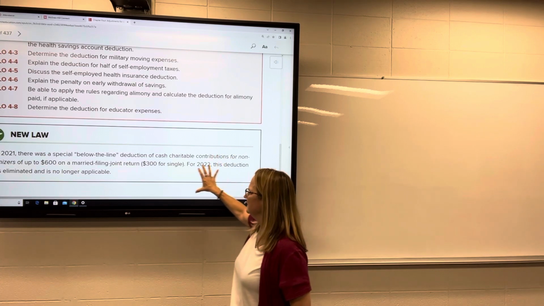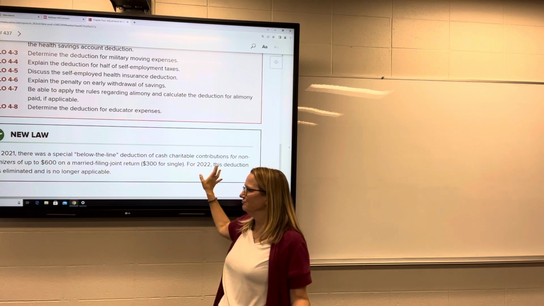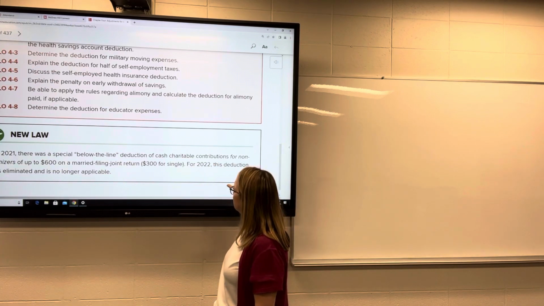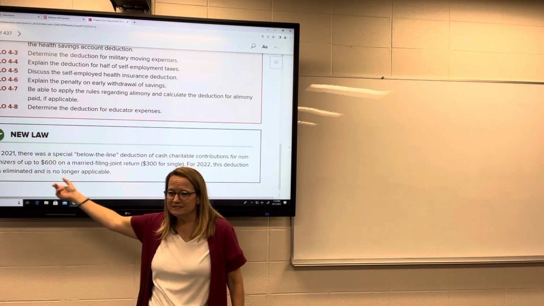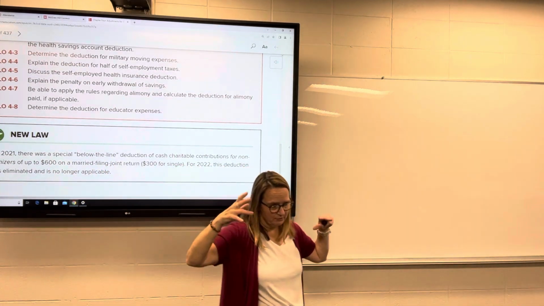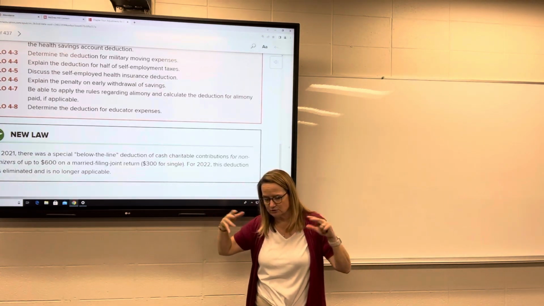I question why they even put this stuff in here, the old rules, but just as an FYI, there used to be a below the line deduction. I'm going to talk about above the line and below the line as well. By the way, if you've read the chapter, you may have seen that terminology.